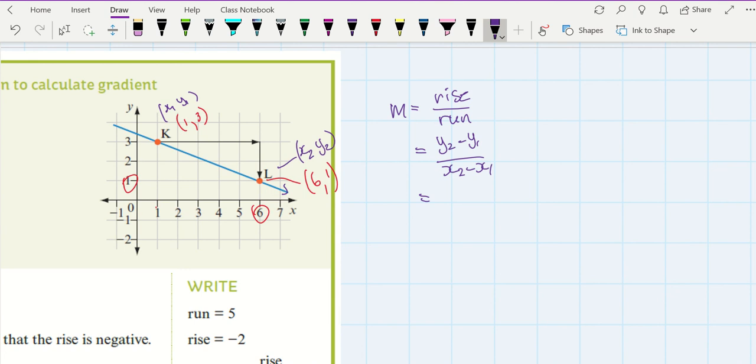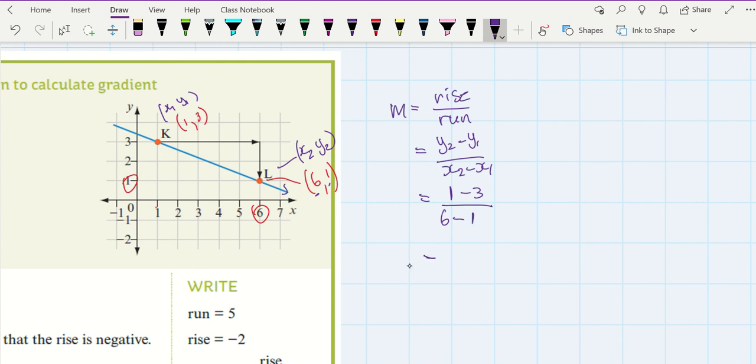My y2 value has got to be my second one, so it's going to be 1. And now we're going to take away y1, which is 3. Then my x2 variable is 6, over 6. And then my x1 variable is 1.